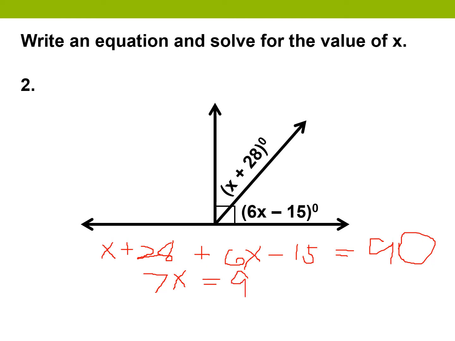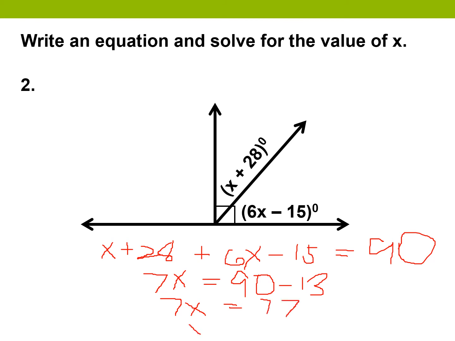Okay, then we are going to subtract. We are going to have 28 minus 15. That is 13. So 13 transposed, 90 minus 13. So we have 7x is equal to 77, dividing both sides by 7.